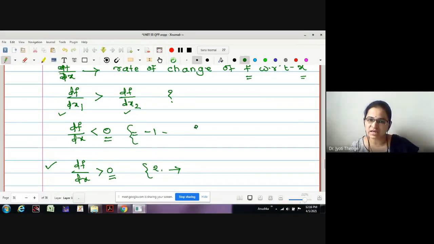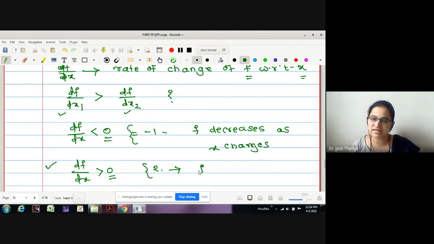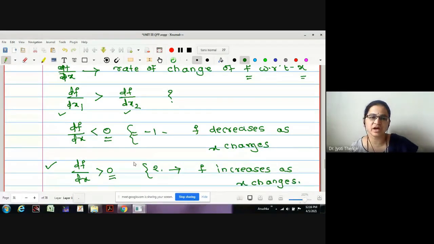So here f decreases as x changes, and here f increases as x changes. Are you getting this point? Because we are going to use this in an algorithm.